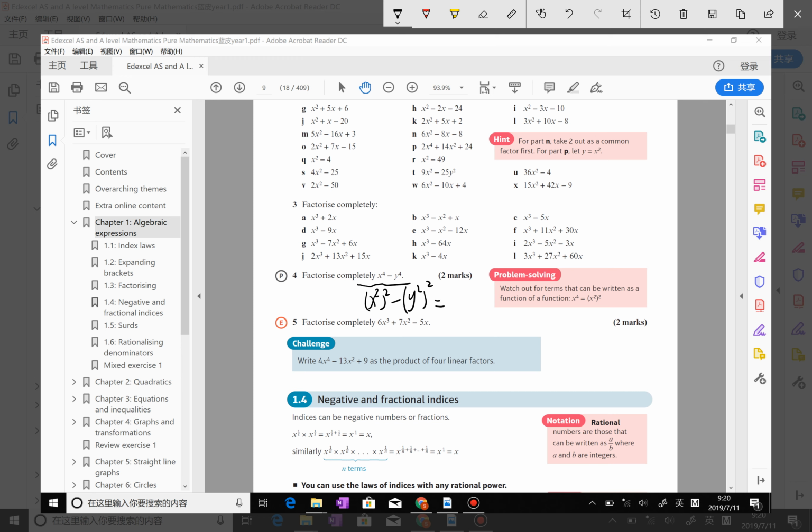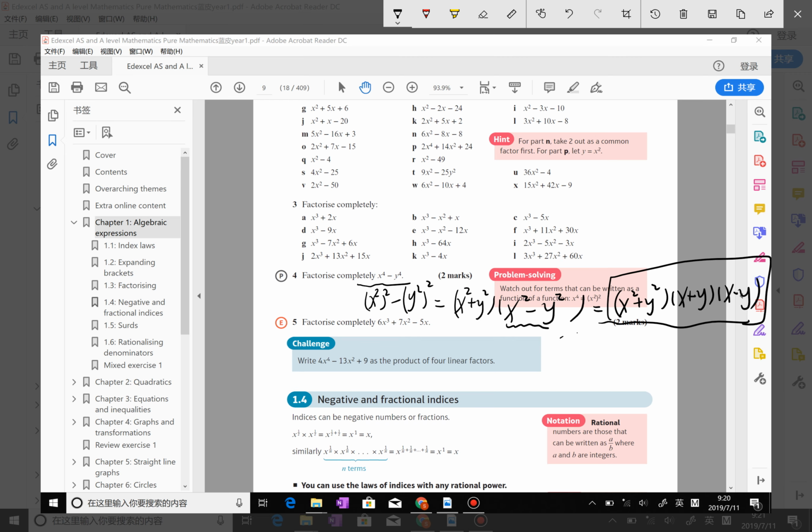Okay, so this is a rule that we follow. x squared plus y squared times x squared minus y squared. And then this, we could use it again. So x squared plus y squared times x plus y times x minus y. So we factorize completely. This is the final answer.